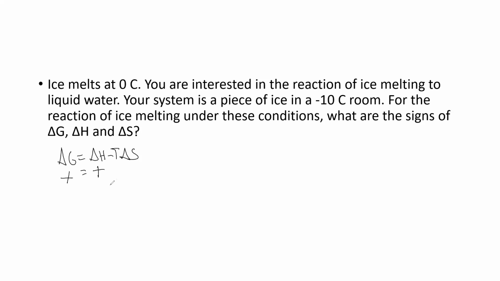For delta S, if ice melts to liquid water, entropy, chaos, is increasing. So delta S for this process is also positive. So the answer for this one is positive, positive, positive. That was the last question that seemed to give people the most trouble.